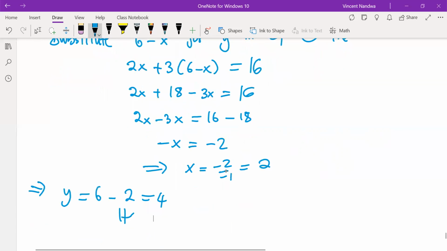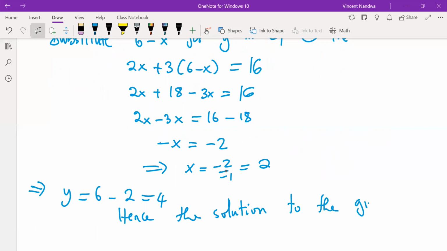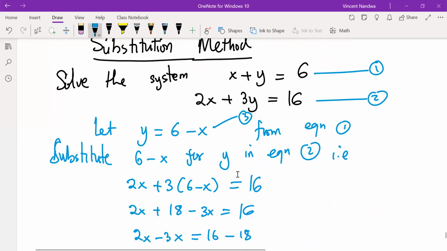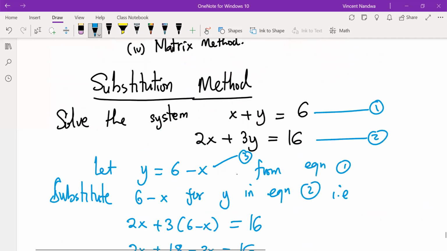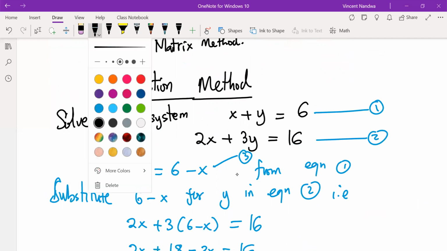Hence, the solution to the given system of equations is x equals 2 and y equals 4. And you can confirm by saying, there is a solution when it satisfies both given equations.